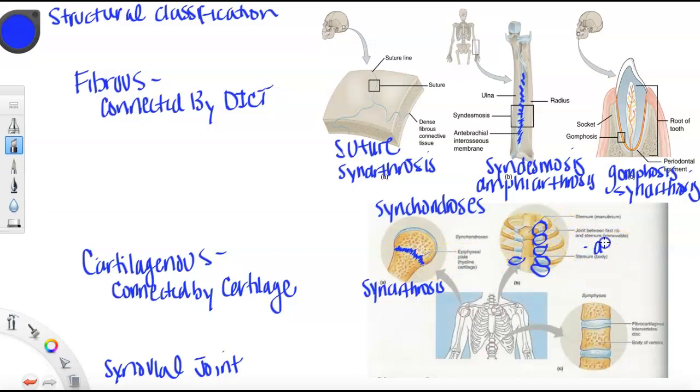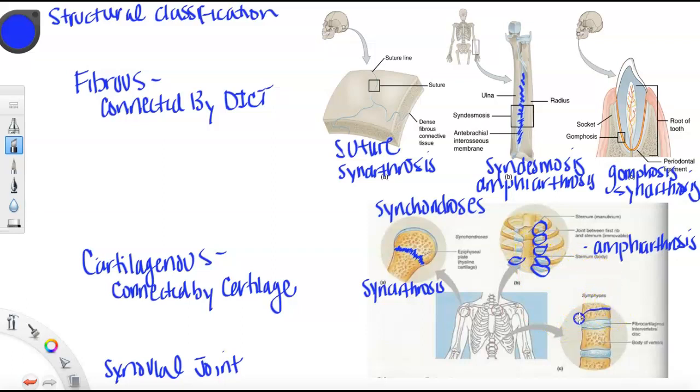But here, this is an amphiarthrosis. Your ribs move a little bit to accommodate your ability to breathe. So when you take a deep breath, your ribs kind of raise up and expand a little bit and then come back down when you breathe out, and it allows you to take deep breaths.